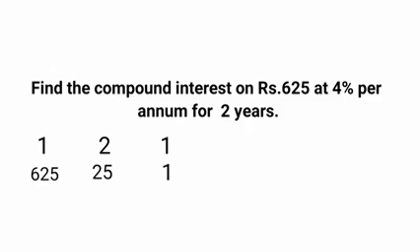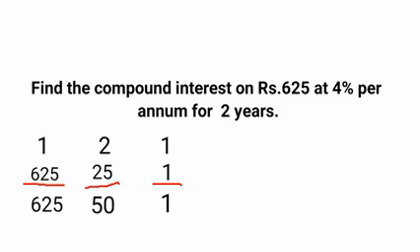Write it below 1. Now multiply the values in each column. That is, in the first column you can write 1 into 625, that is 625. In the second column 2 into 25, that is 50. And in the third column 1 into 1, you will get 1. After writing this much, you will be able to answer 3 questions from these values.